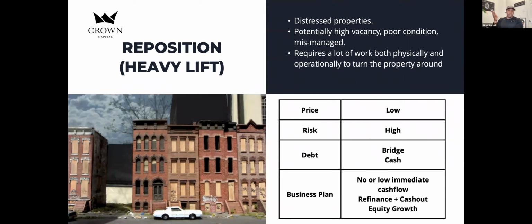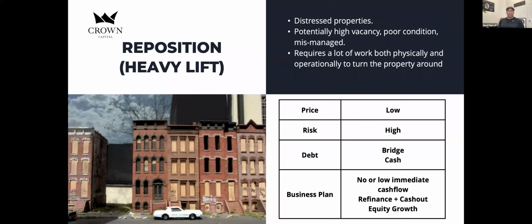And normally these assets are done primarily with bridge loans and or cash. Some of your really heavy lift repositions that are completely vacant are damn near impossible to find financing for, so you will need to have cash to buy these.